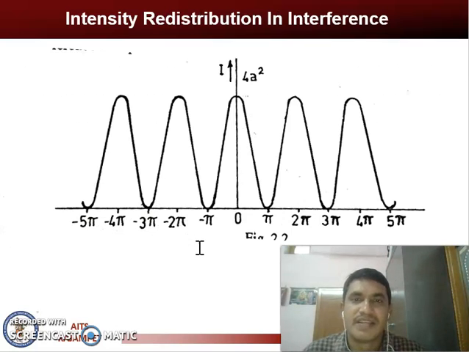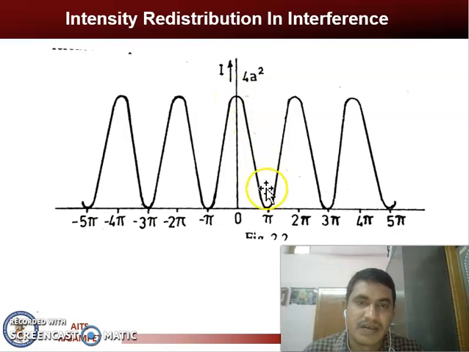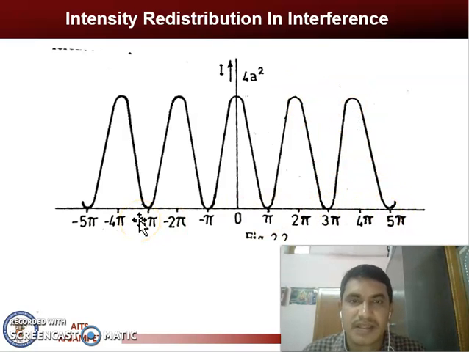This is the intensity redistribution in interference. We can see alternate bright and dark fringes: dark fringe, bright fringe, then dark, bright, dark, bright and dark. These are the phase differences in the spectrum.